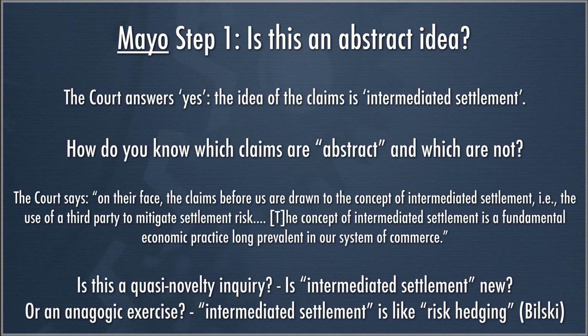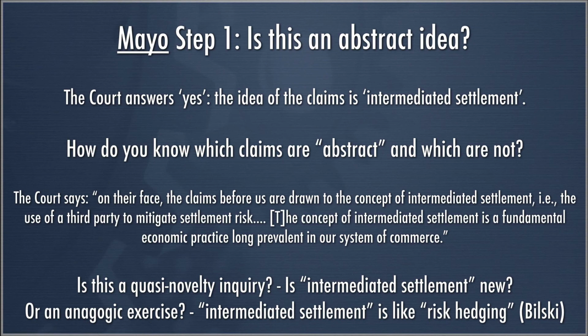And two questions arise. One is this, like we saw a little bit in Bilski and even more so in Mayo, does this have a quasi-novelty aspect to it, right? This idea that it's a long prevalent practice means that it's an abstract idea. Is that the inquiry? Is the inquiry whether intermediated settlement is really new and novel, or is it something else?